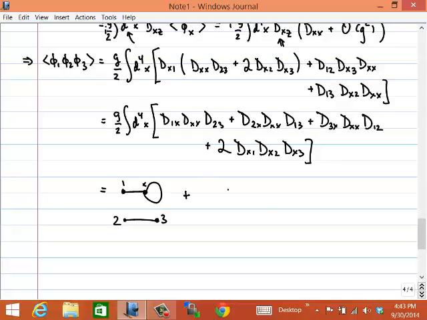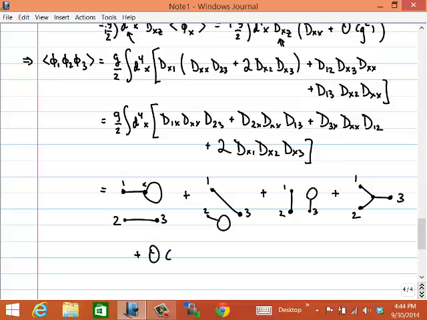And then we have 2 other terms, where in that second term 1 is connected to 3 and 2 was connected to some internal loop. And then we have a third term where 1 is connected to 2 and 3 is connected to some internal loop. And now we have a fourth term where all 3 of them are connected to a vertex. Okay. And then you have terms that are higher order in g. Okay.